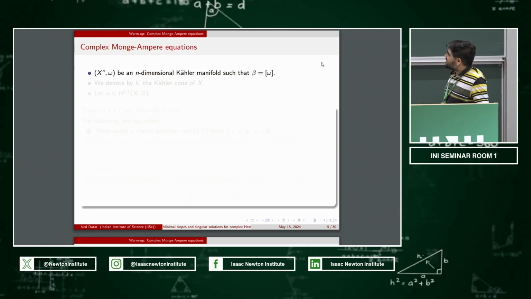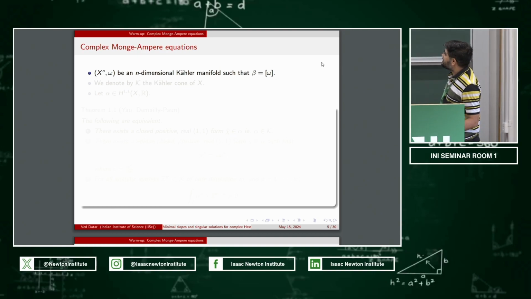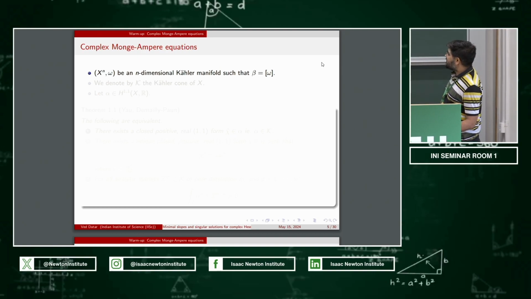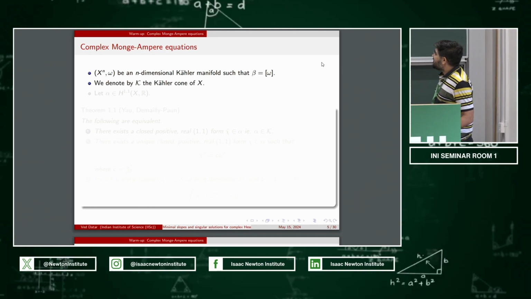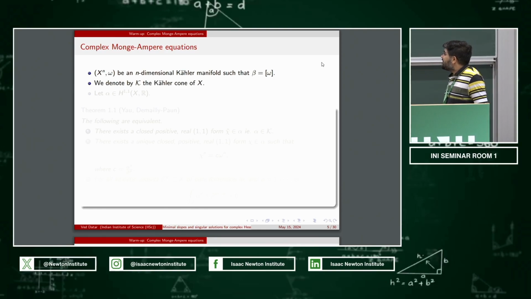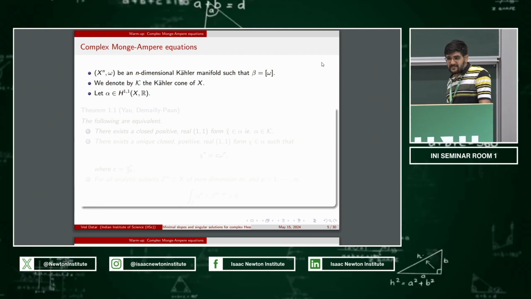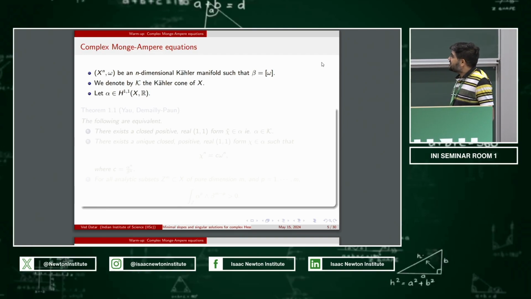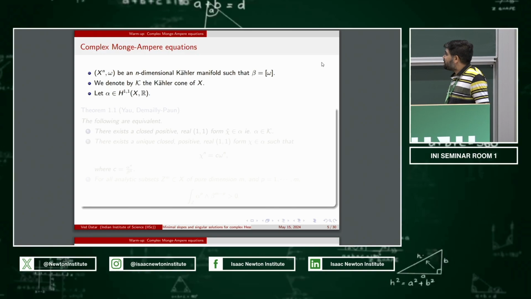the setting is let (X^n, omega) be an n-dimensional Kähler manifold, and suppose beta is the class of omega. I'll denote the Kähler cone of X by the script K, and suppose alpha is some real closed (1,1) form, not yet positive, but soon I'll restrict to, at least for the J equation, alpha being a positive class.